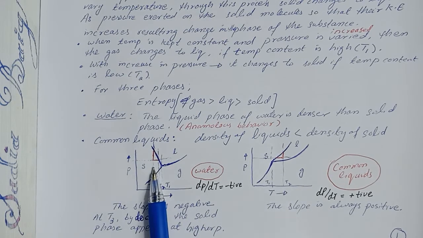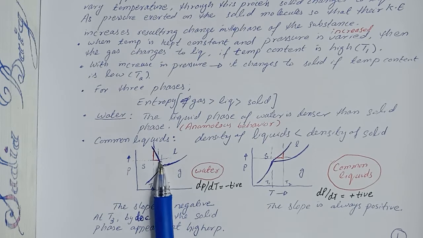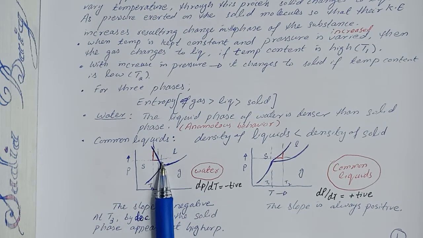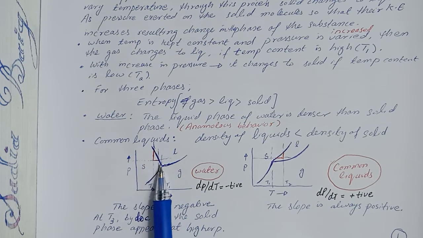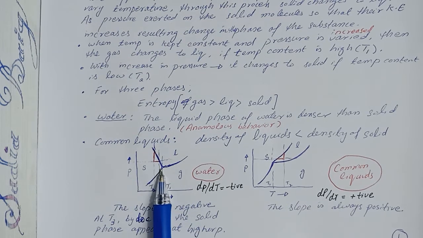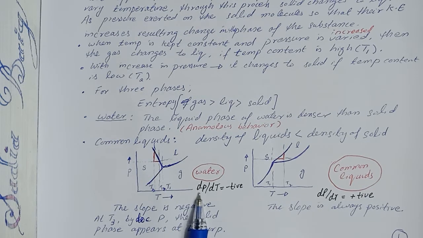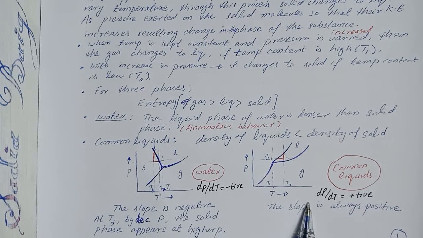But in this case we are moving from higher to lower temperature for the conversion of the liquid state to the solid state. So here the process is inverse for the case of water, and if we take the slope of the solid-liquid phase boundary, the slope is negative, but for the case of common liquids, the slope is positive.